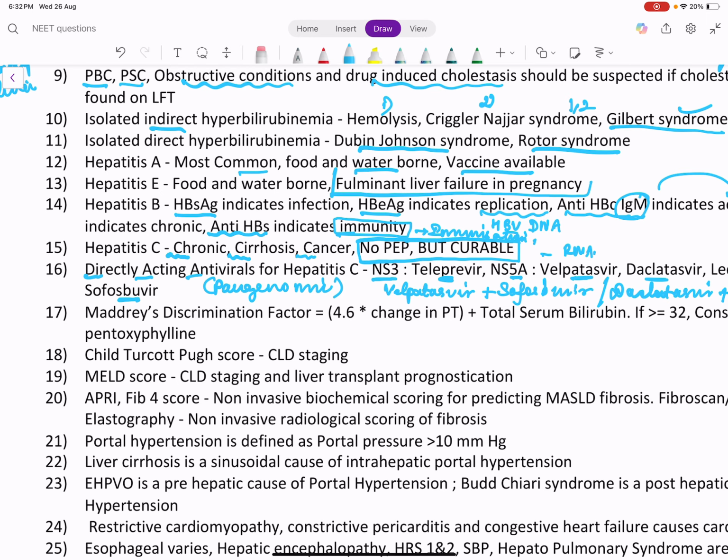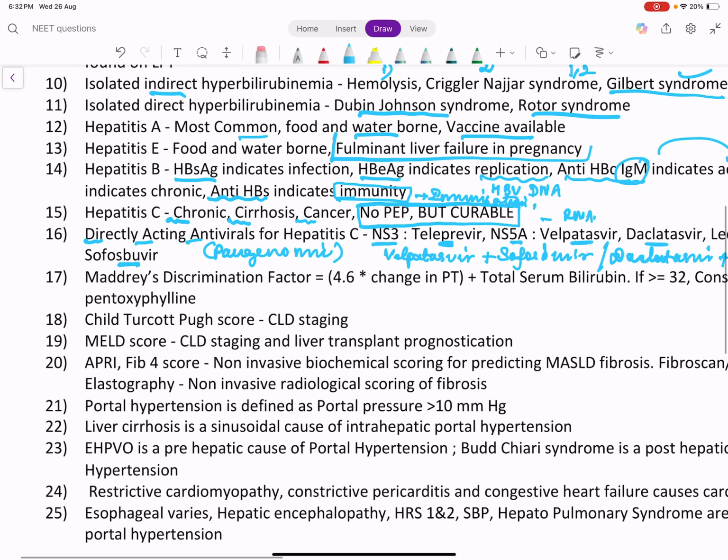So this was about hepatitis viruses. Now the important concept of alcoholic hepatitis. In alcoholic hepatitis, we must always calculate Maddrey's discriminant function. That is 4.6 times the change in prothrombin time. Change in prothrombin time is the patient's prothrombin time minus the control prothrombin time. So this difference times 4.6 plus the total serum bilirubin.